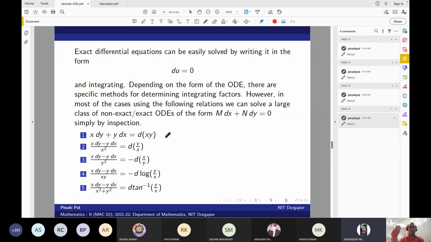Otherwise, you can follow the standard route to check all the conditions one by one, determine the integrating factor, and after multiplying by the integrating factor you can find the solution.